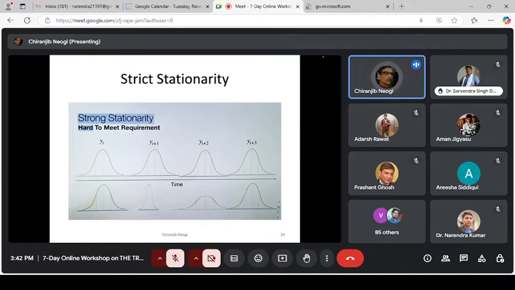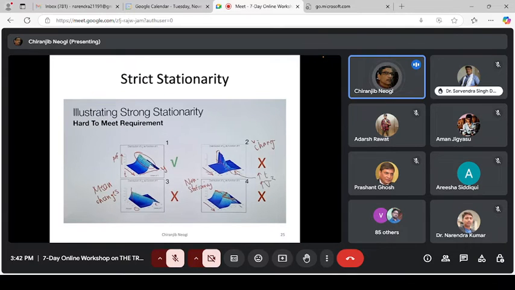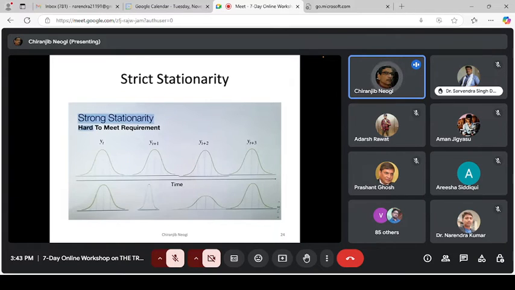So in that case, if the distribution is like this, I cannot say it is a stationary series in terms of strict stationarity. But if it is like this, I can say this is a stationary series.